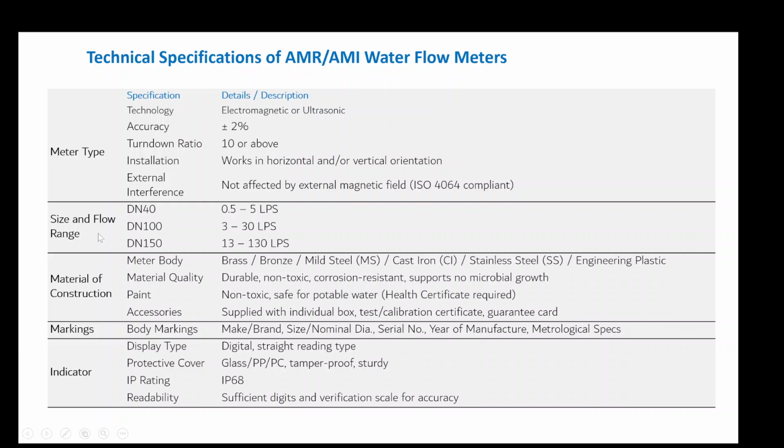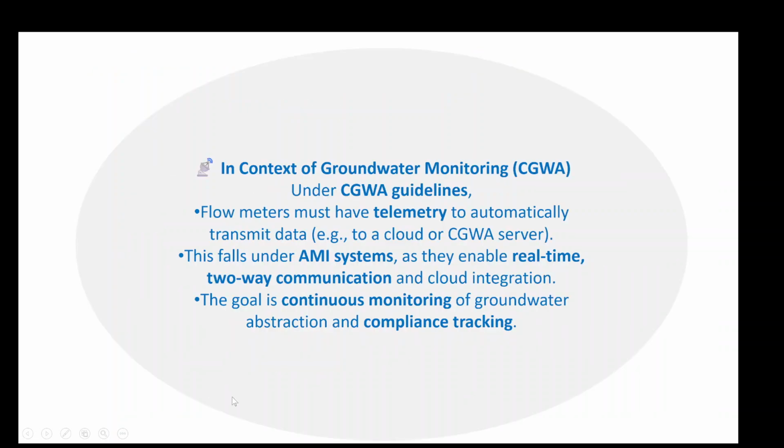So it's a pipe size actually. Material of construction is brass, bronze, cast iron, or stainless steel. The display is digital straight reading type, with a protective cover. IP60, this I have already given.